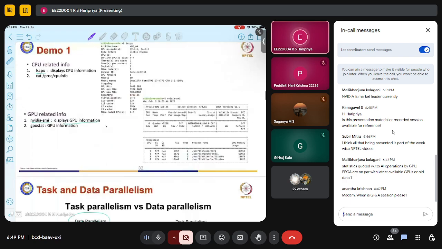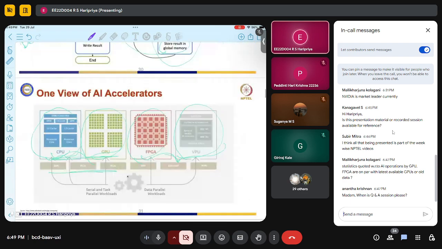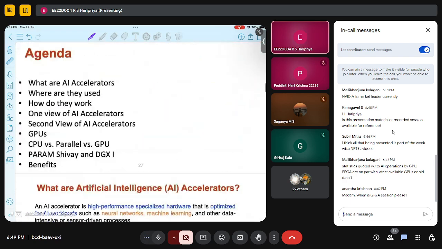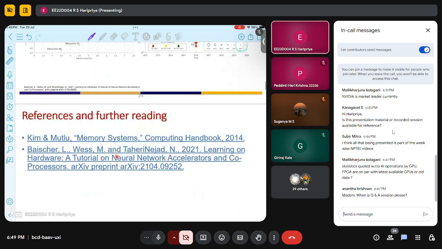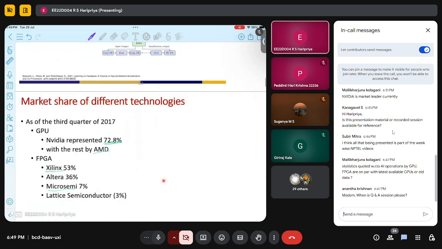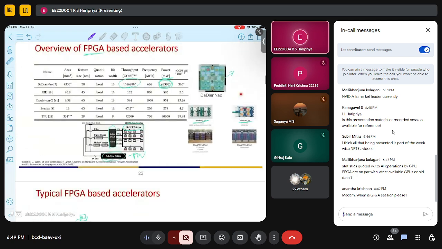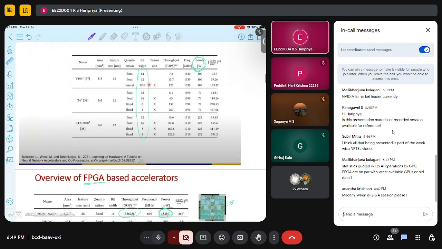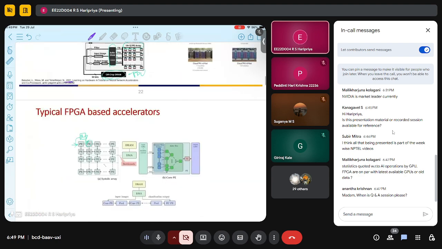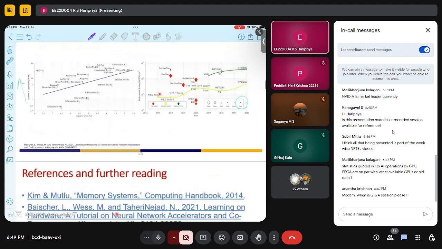This data is taken from the paper cited below. For the FPGA, I think FPGA 1 is from 21 and this is also from 21. The slides are directly taken from NPTEL.